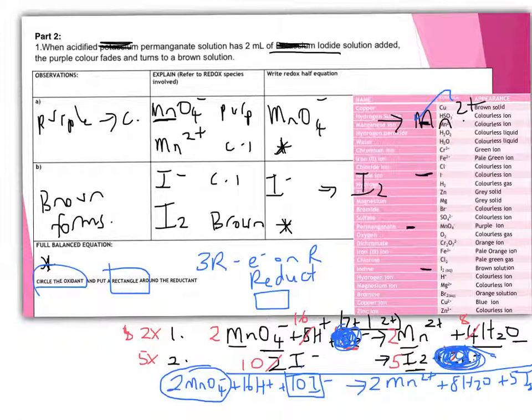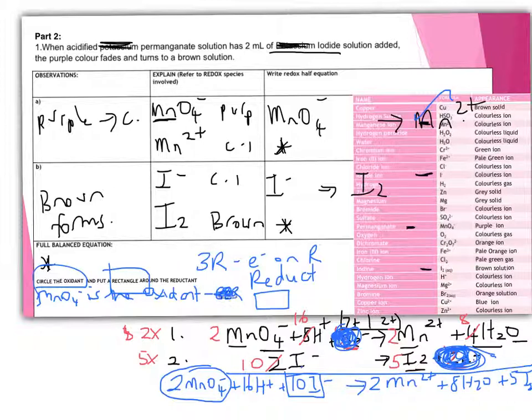And then down here you're going to say the MnO4 minus is the oxidant because it gained electrons and was reduced.